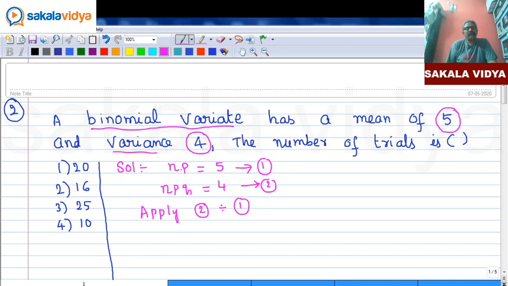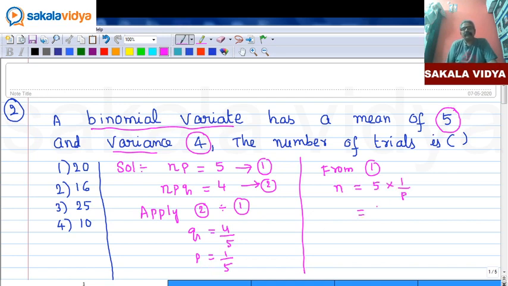So, npq by np, so directly I am writing q is equal to 4 by 5, p will be 1 minus, that means 5 minus 4, 1 by 5. Now, from 1, n we need 5 by p or 5 into 1 by p, that means reciprocal of this p you need to write, 5 into 5 equals 25. So, that means third option.